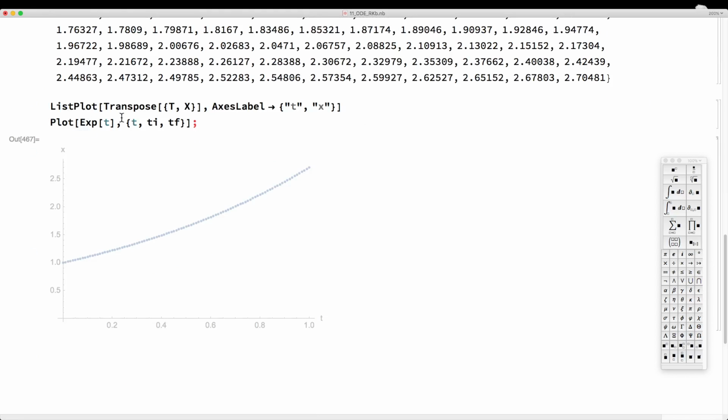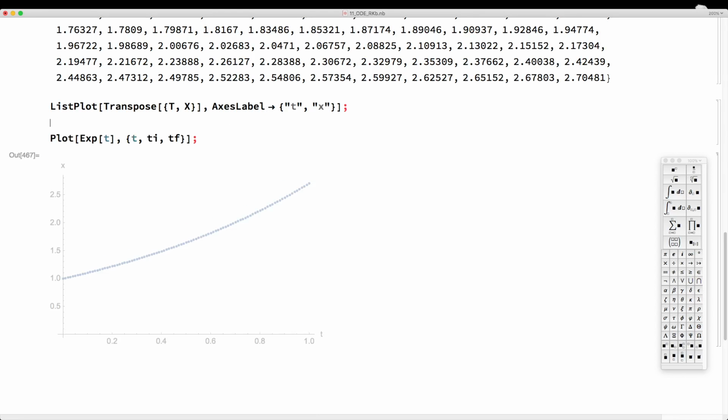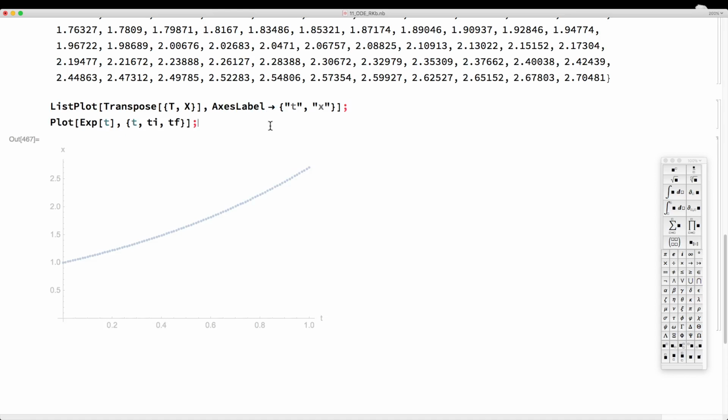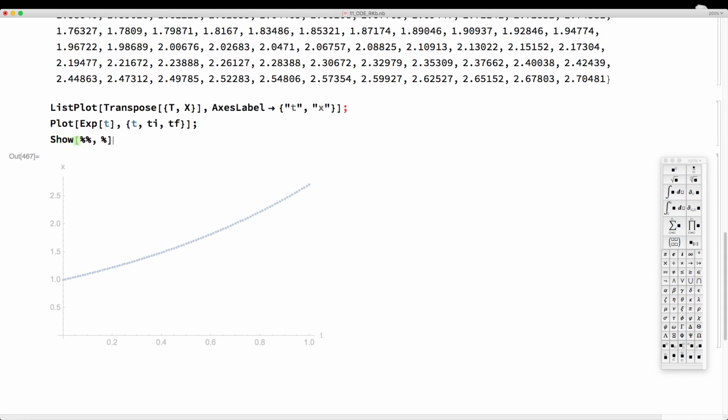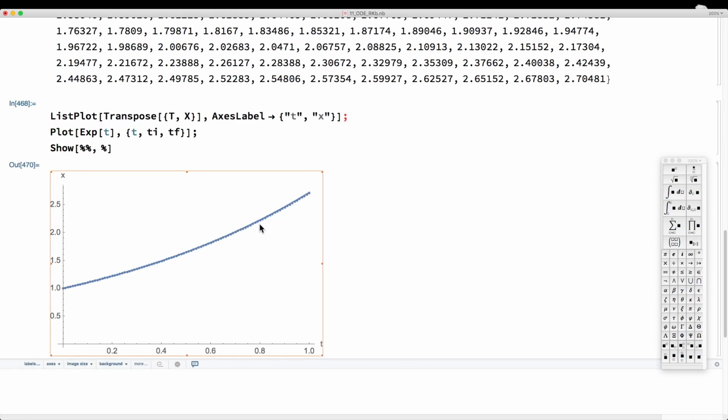So let's plot e to the power t from ti until tf, and let's suppress these and combine them. So we can use Show, and let's use %% for the previous output and % for the last output. Okay, and now we have both these plots together.